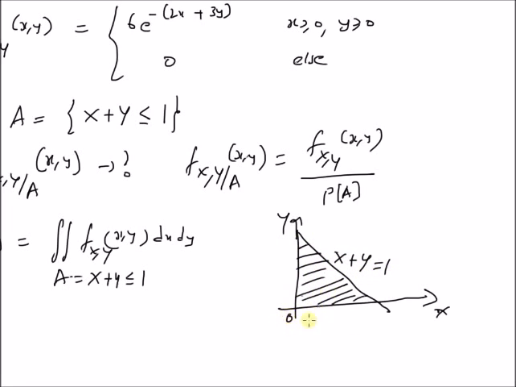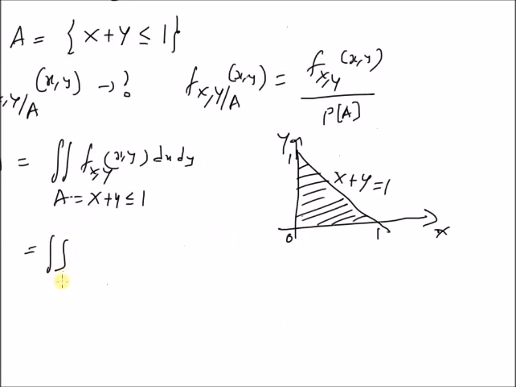So clearly we can see that the limits of integration are: x changes from 0 to 1 minus y, that is, from this line to this line, and y changes from 0 to 1.